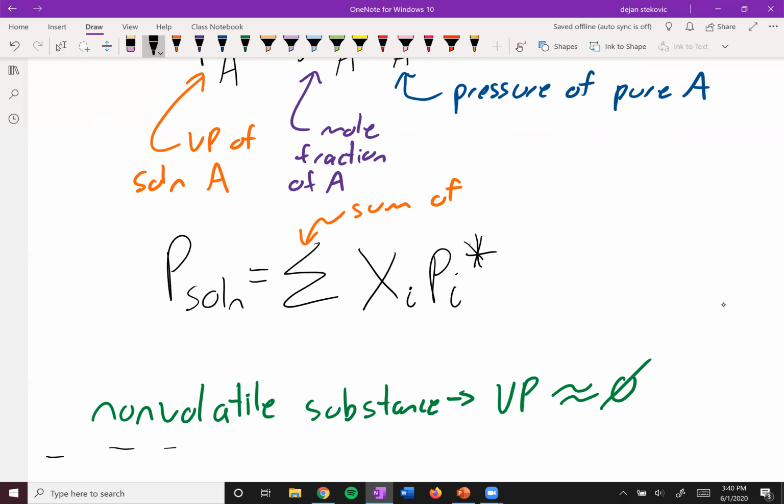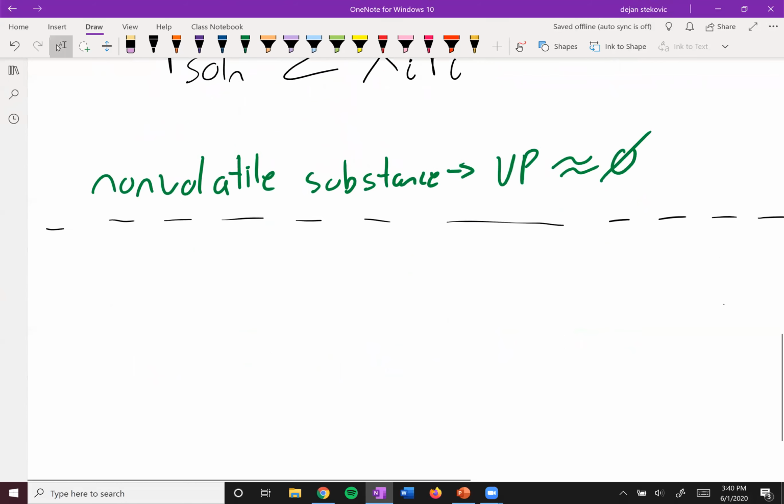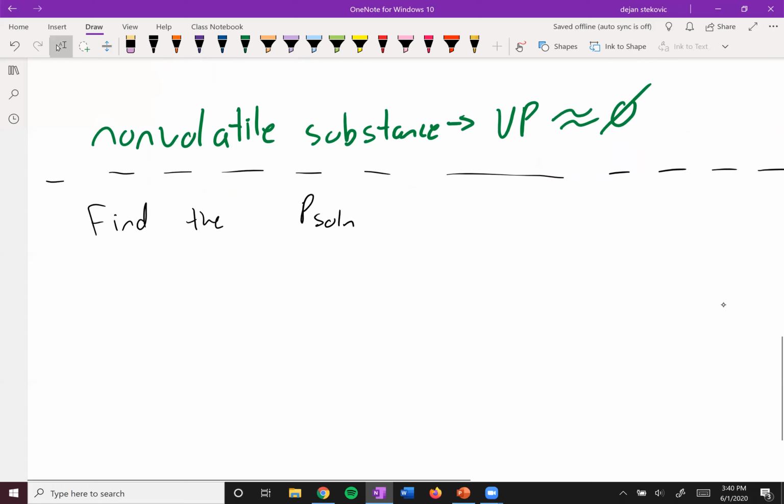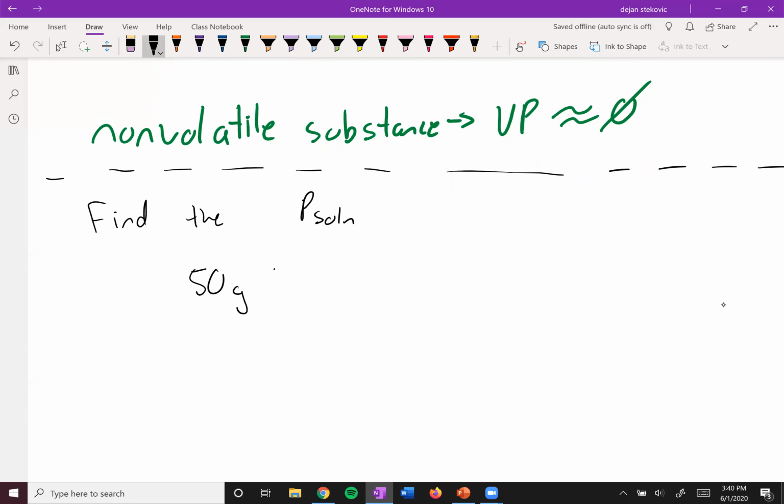So let's take a look at an example of maybe a problem you would see. It's: find the vapor pressure of the solution, or the pressure of this solution. And so you have 50 grams of water, and the pressure of pure water is equal to 3.17 kilopascals.